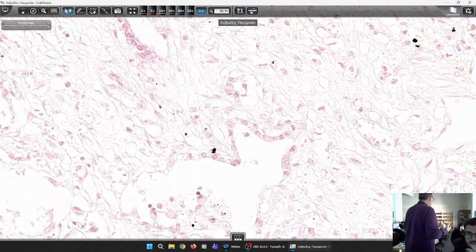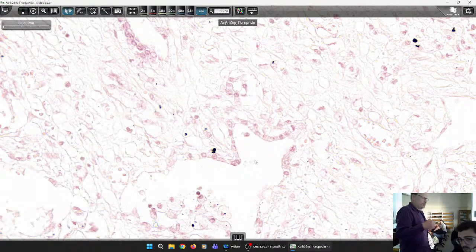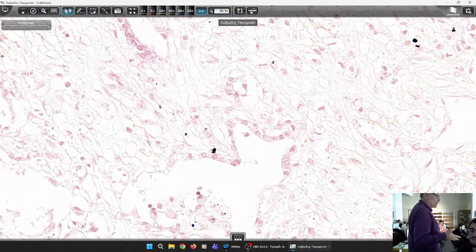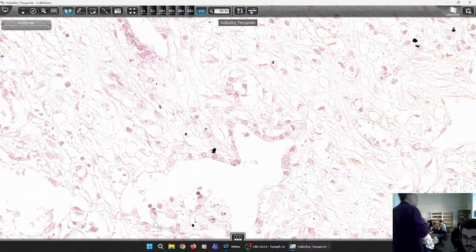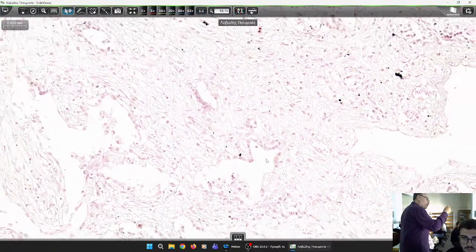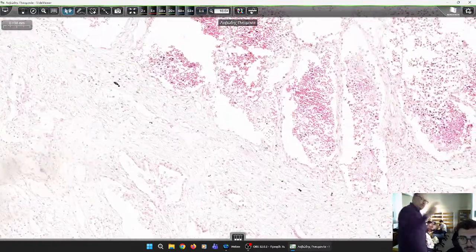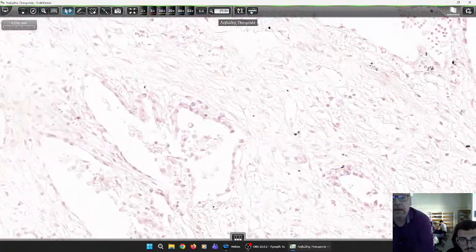That means that due to the persistence of the inflammatory exudate, macrophages secreted fibrogenic factors, mainly transforming growth factor beta, which had a chemotactic attraction of fibroblasts and collagen deposition. So we have a fibrotic area which involves the alveoli.